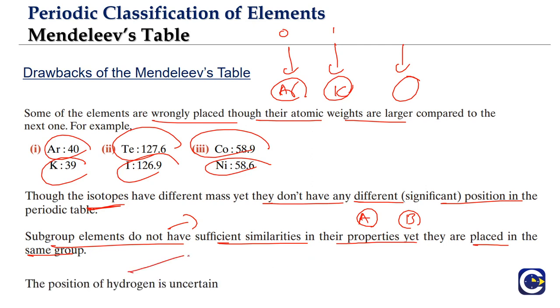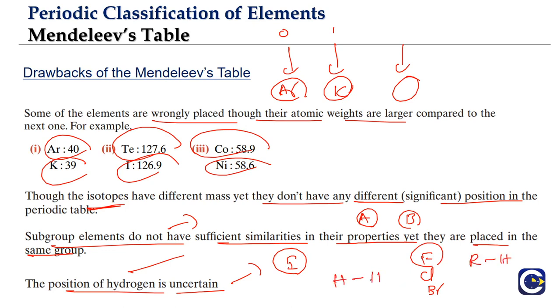And the other one is, of course, with regard to the position of hydrogen. In the Mendeleev table, hydrogen is given a place in the first group, but hydrogen has also got similarities with the 7th group, which is what? Fluorine, chlorine, bromine, because the 7th group elements will form a hydride of the formula RH. Hydrogen also forms the same type of hydride, HH.